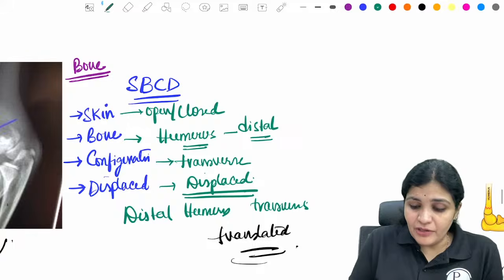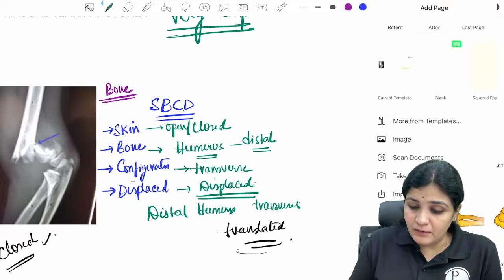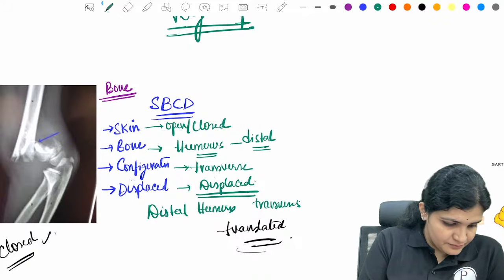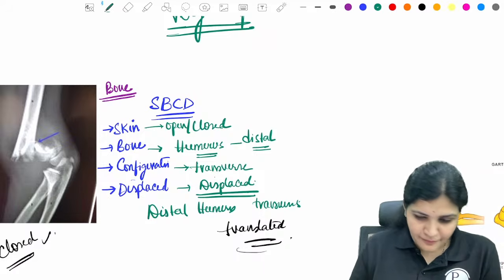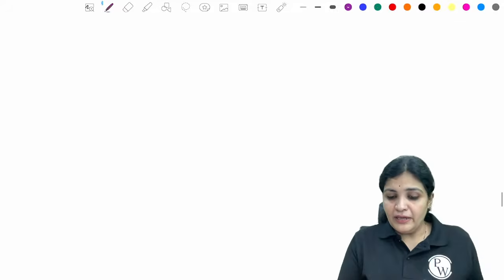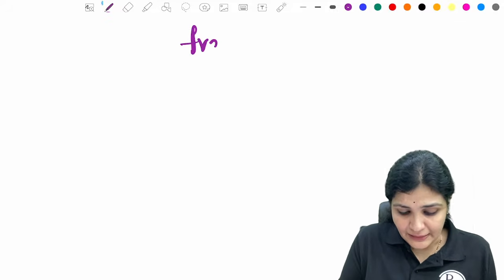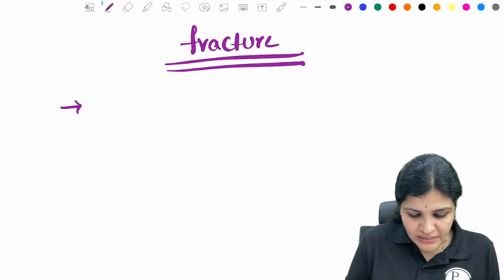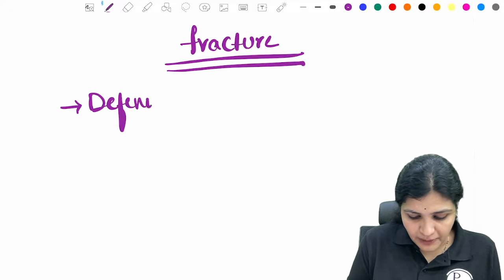So now, whenever you're trying to answer a fracture in the exam, especially for your prof exams, always you will start with the definition of that particular fracture.